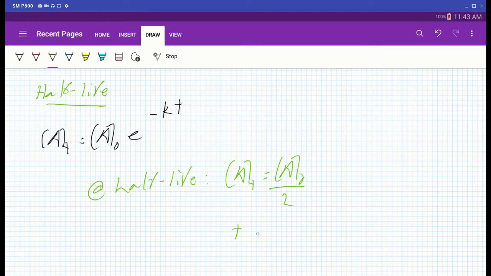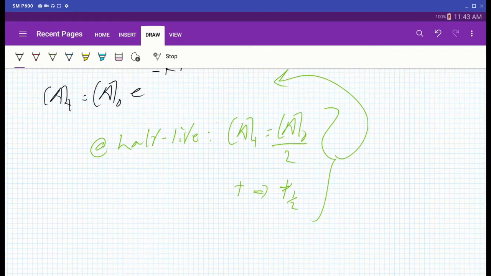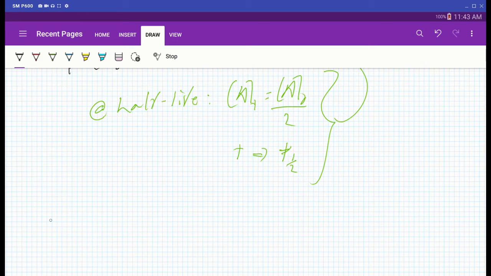And we're going to have a units change. T goes to T 1/2. Take that, substitute them in up there. And what we end up getting is that expression right there.